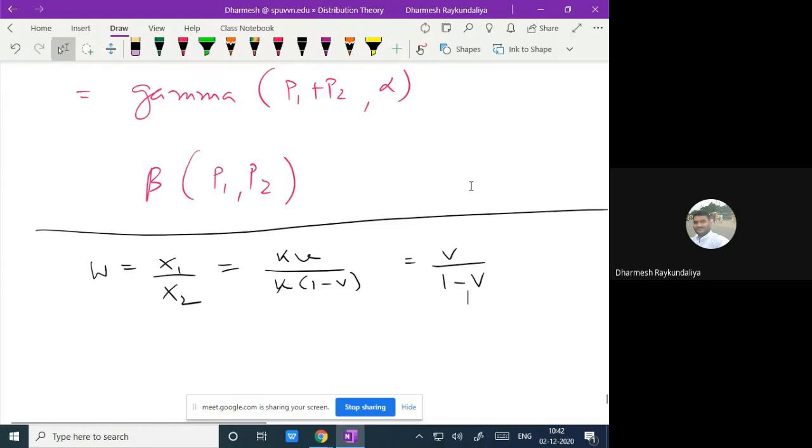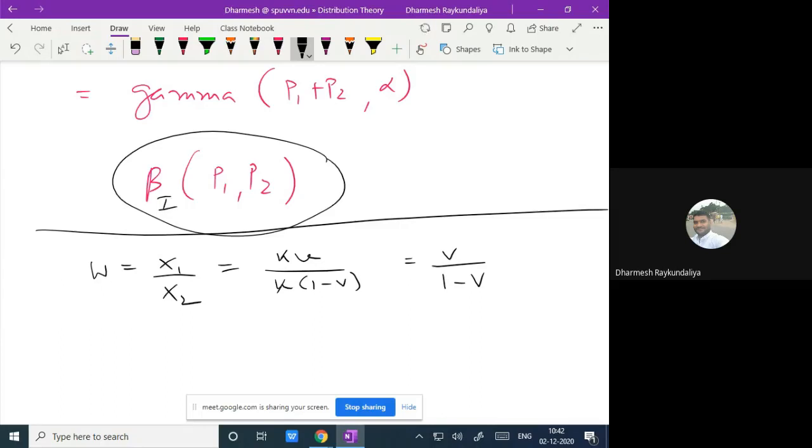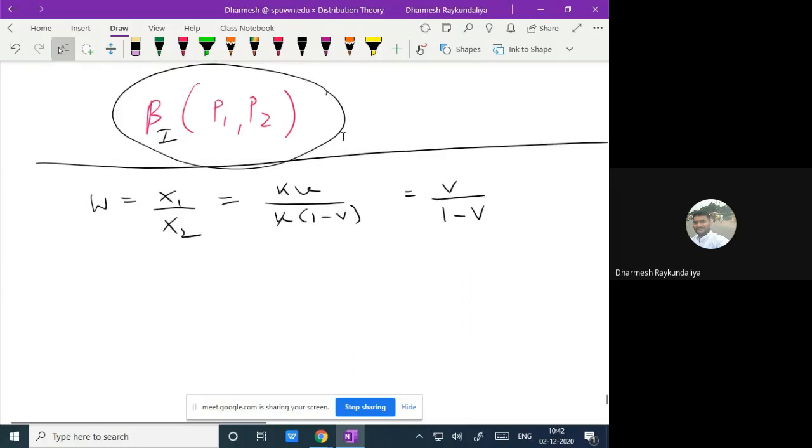Because we have been given the distribution of u and v, what is the distribution of v? The distribution of v is nothing but the beta type 1, having the shape parameters p1 and p2. So we can just transform.